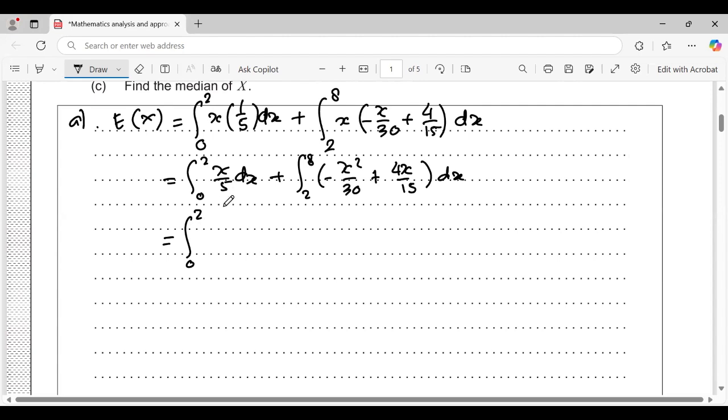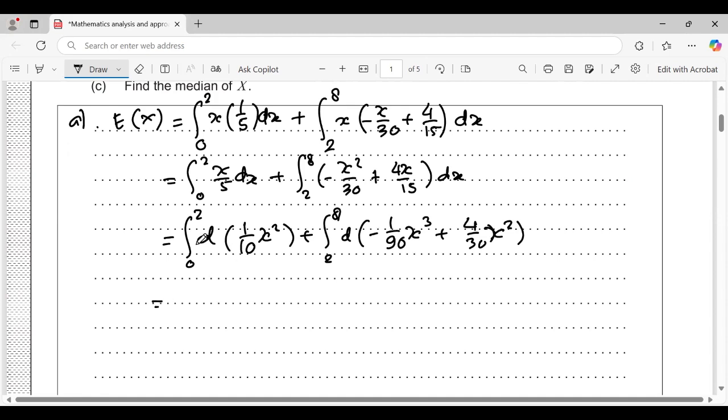The integral is 1 over 10 x squared, and the integral of this expression is minus 1 over 90 x cubed plus 4 over 30 x squared. And after that, substitute 2 and 0 into this expression, 8 and 2 into this expression.